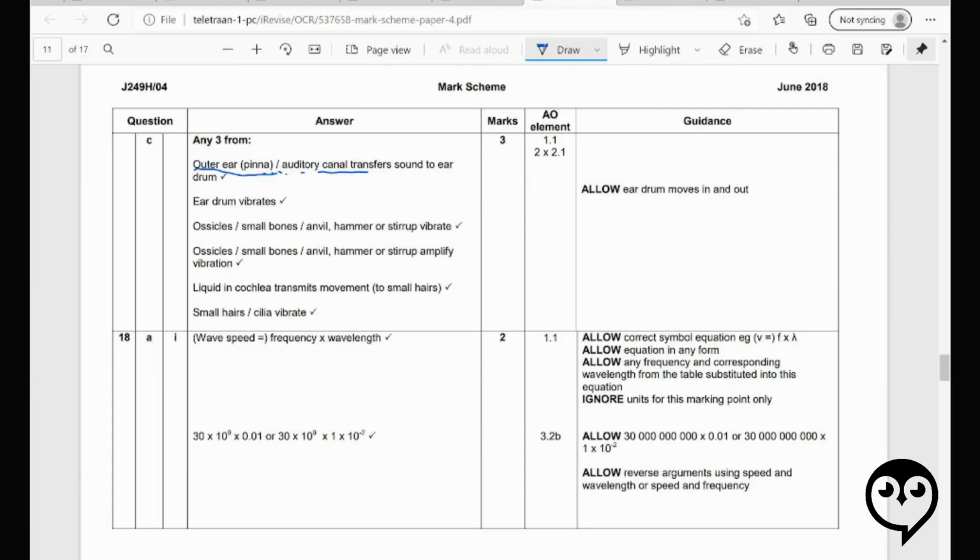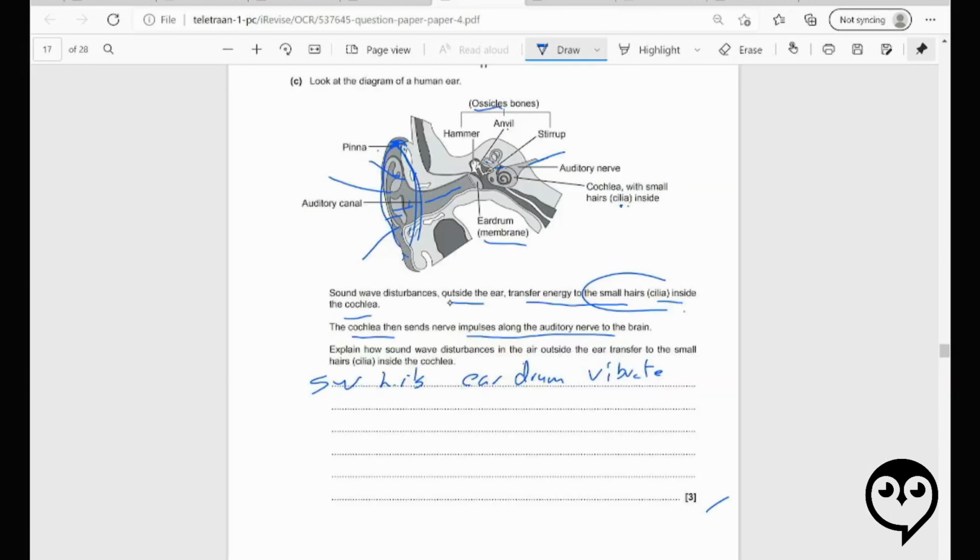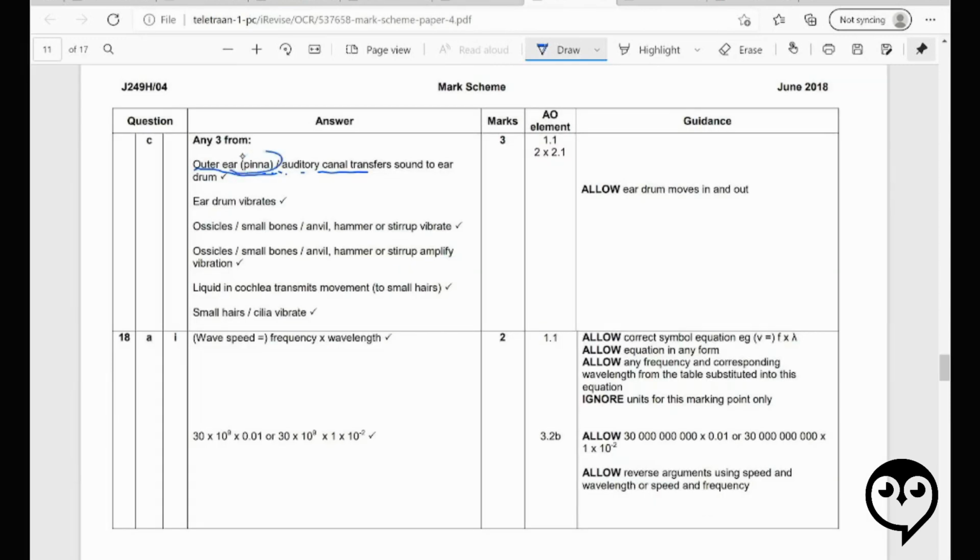Okay, it did say outside the ear to inside. So I got going right away with middle ear. That is a key bit for the outside of the ear. Mentioned the pinna, or plural with the E at the end, pinnae. Okay, the eardrum vibrates. It causes these bones to vibrate. They amplify the vibration, as I said.